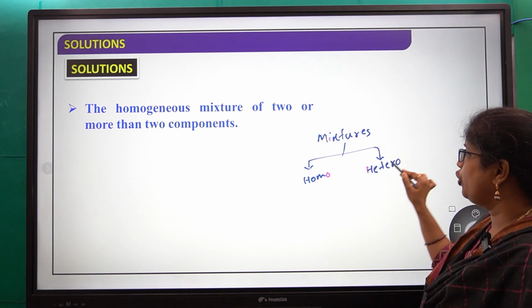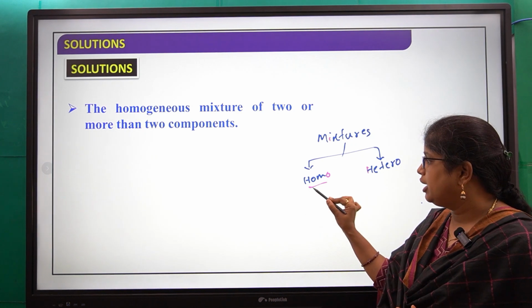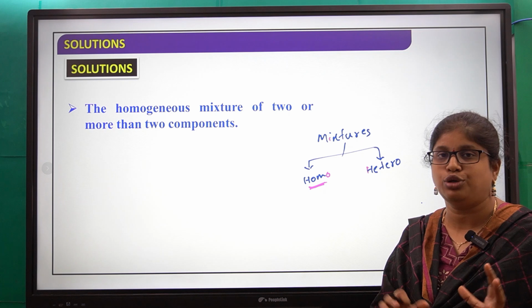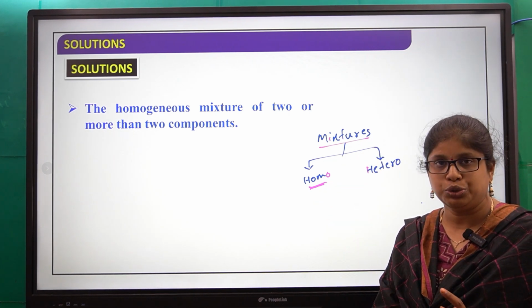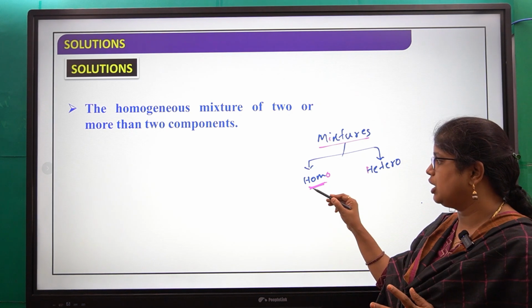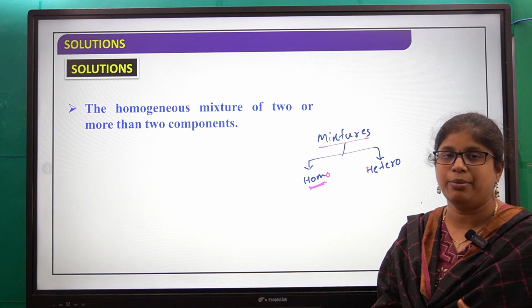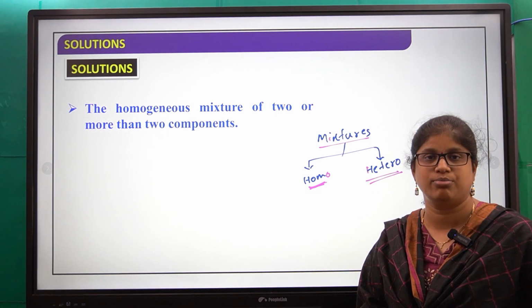Homo means same. If the composition is the same everywhere throughout the mixture, that is called a homogeneous mixture. If the composition differs from one area to another, that is called a heterogeneous mixture.